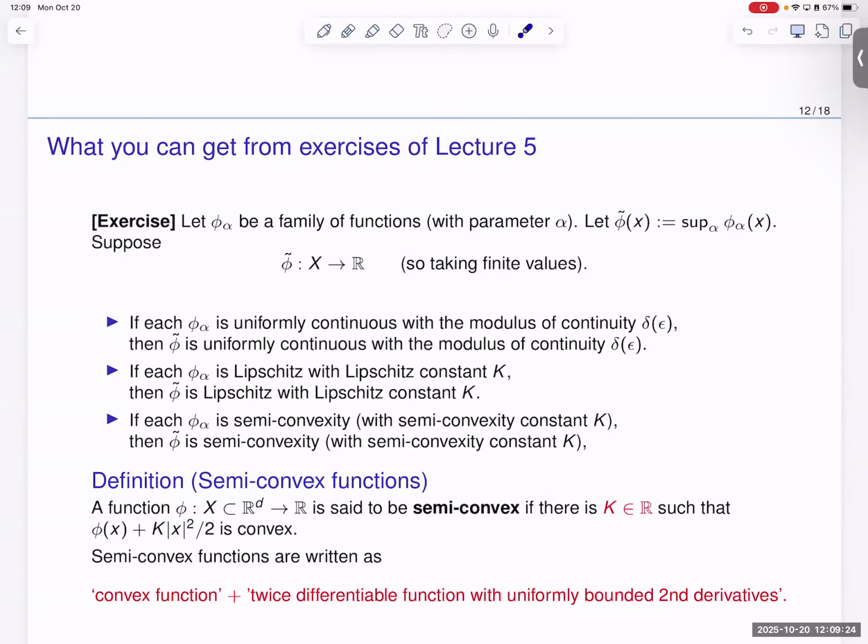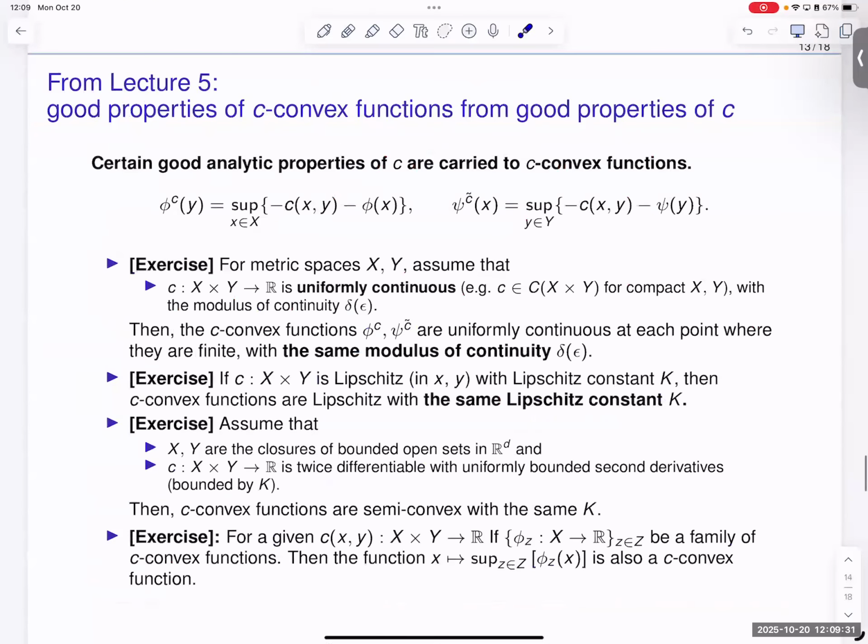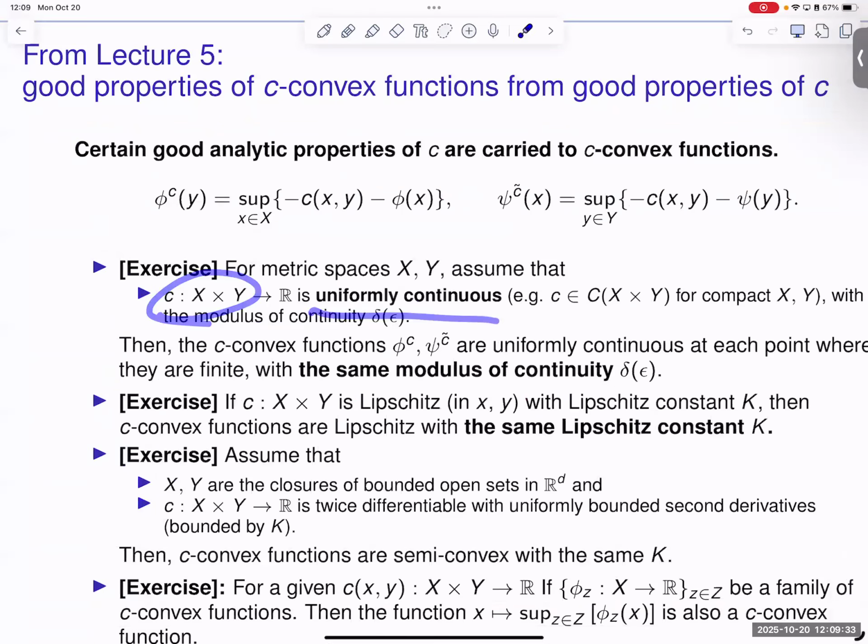So if the cost function is uniformly continuous with some modulus of continuity, then the corresponding C-convex function has the same modulus of continuity. It was an exercise.